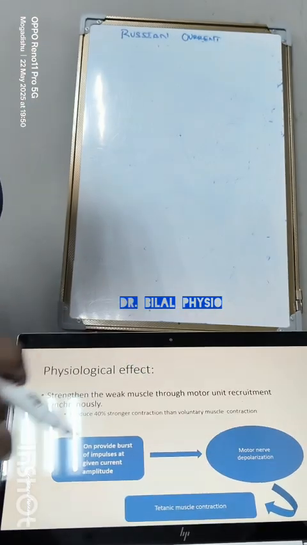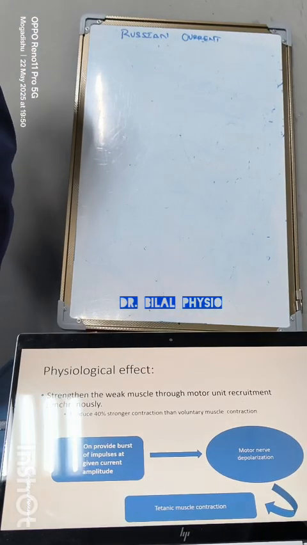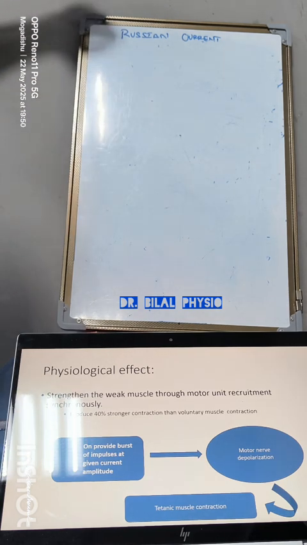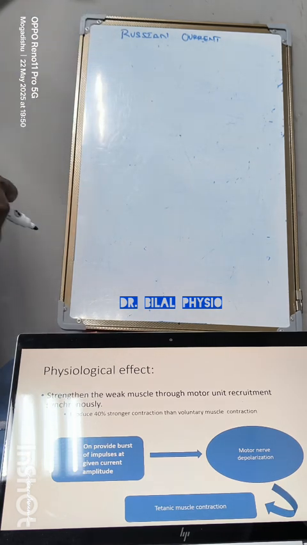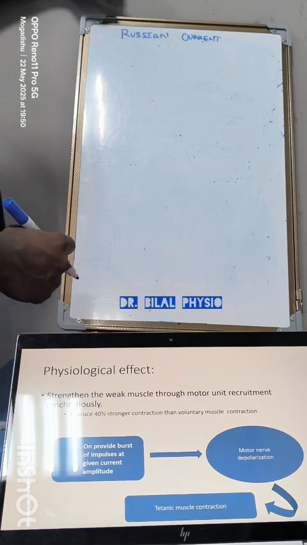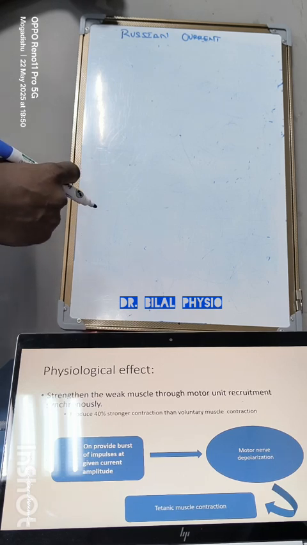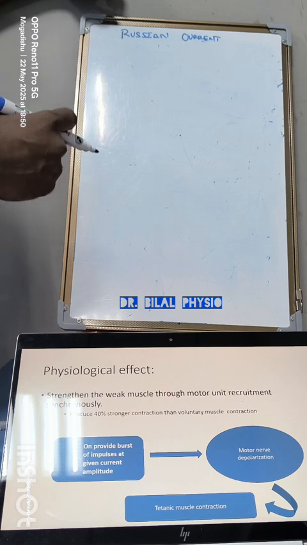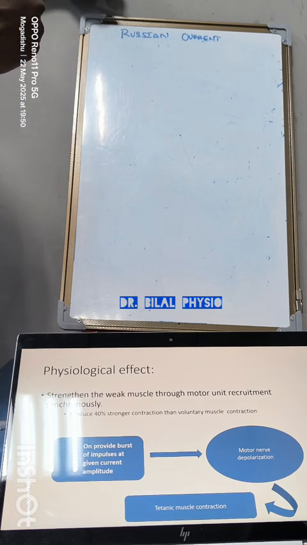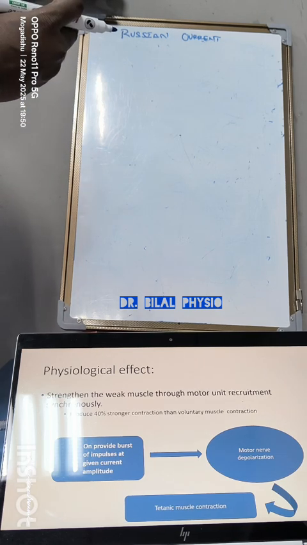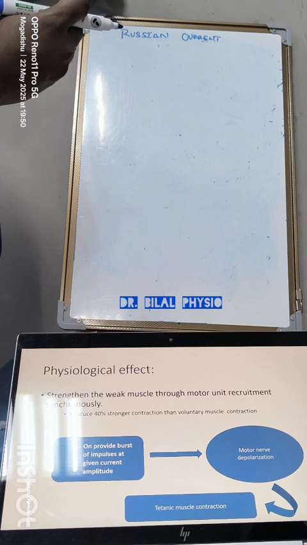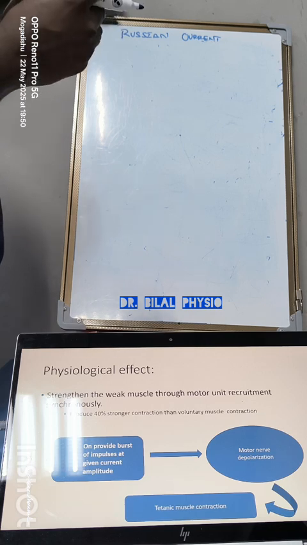And what are the physiological effects? It strengthens weak muscles by recruiting the motor units of the muscles synchronously. In a voluntary muscle contraction, the recruitment happens asynchronously.